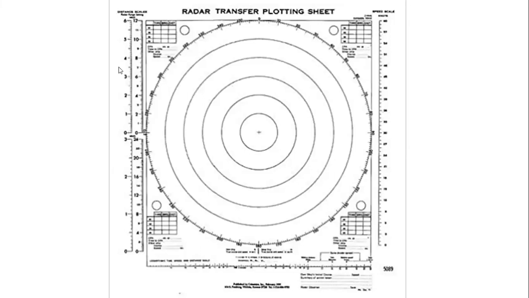This is 0 to 6. The other one is 0 to 12. This one is 0 to 3, and the other one is 0 to 24 miles. This is speed scale units, okay? Speed scale sa knots. Ibig sabihin, magbe-measure ka lang dito using the speed. Pero dito, it is the distance.